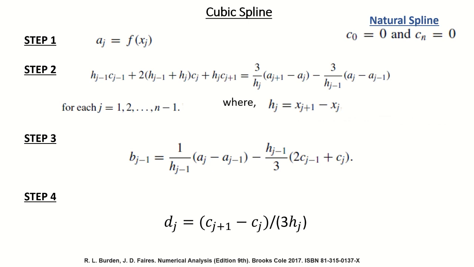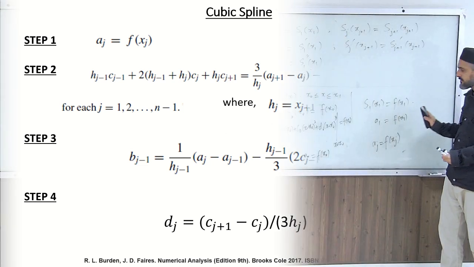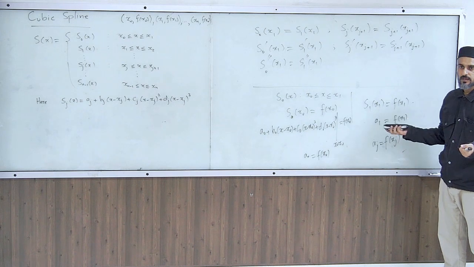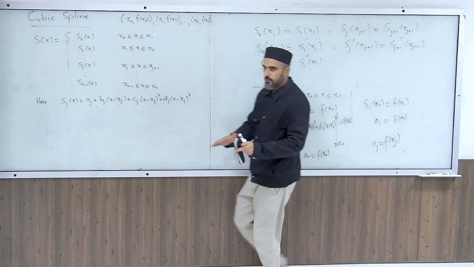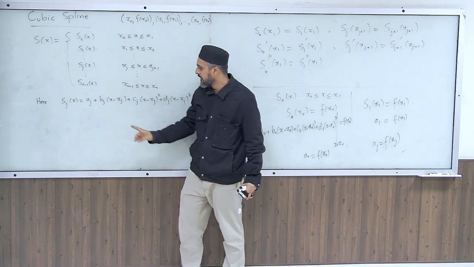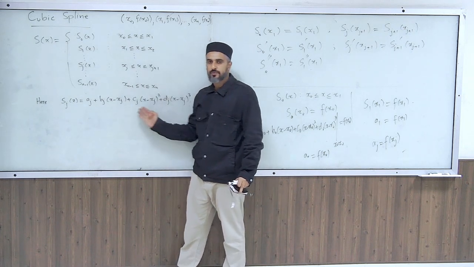What is our aim? Our aim is, when we start a problem, we have a data set, and we have to fit a cubic spline. The cubic spline is over here.